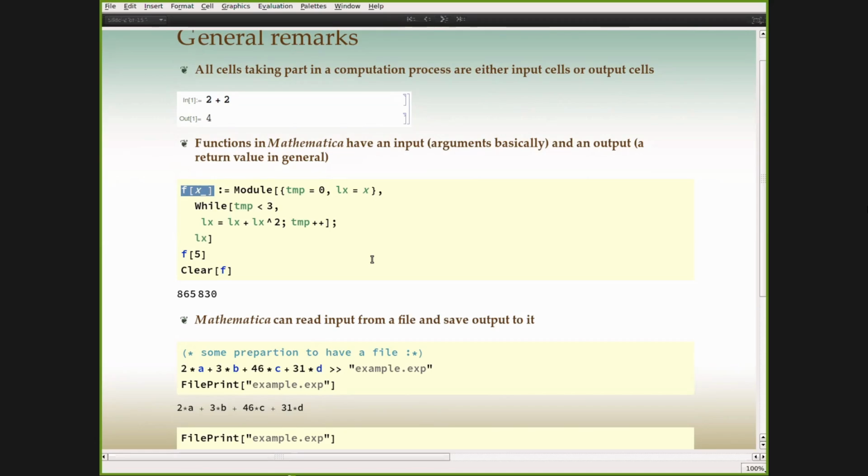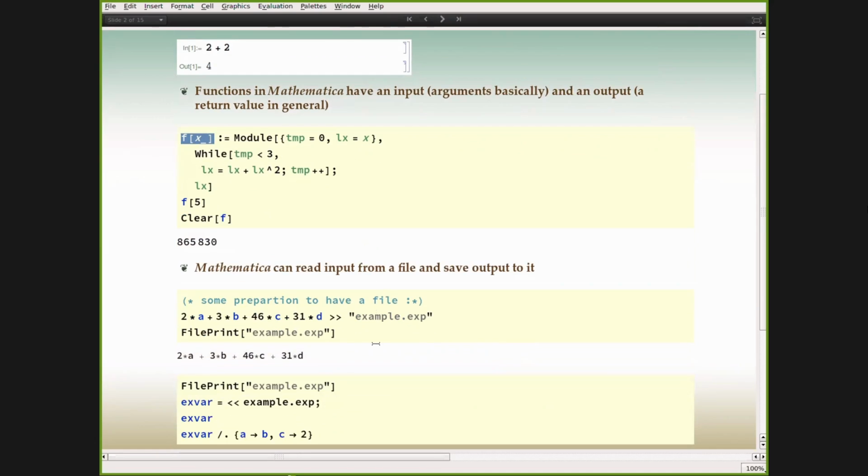So it is also possible to interact with the external world. And this is, I think, not surprising because nowadays almost all computer programs can do such stuff.